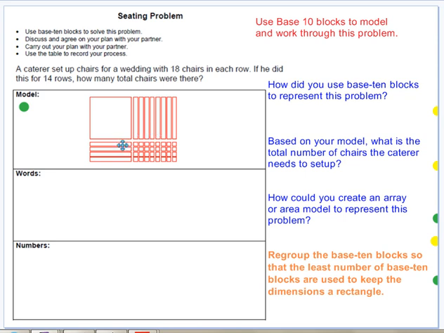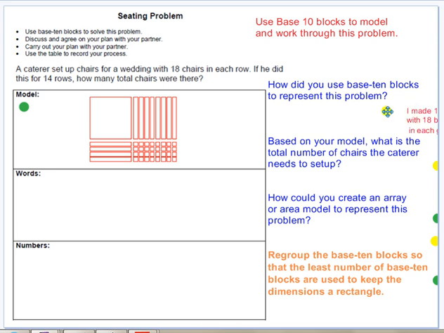So we should have 8, 9, 10, 11, 12 of our 10s, and then we have our 1s down here. And we've put them together so that it's not just separate groups, like our hundredths block and then all of our 10s together and the 1s together. We want to start grouping them so that we get a rectangle that's filled in with all of our units.